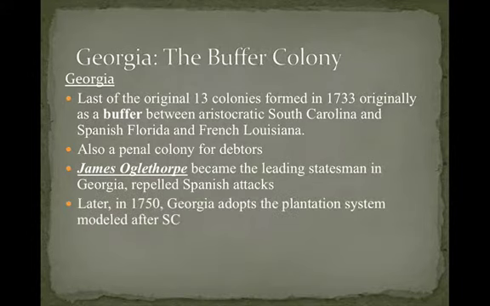Later in 1750, Georgia is going to adopt something called the plantation system, which is going to be modeled after South Carolina's plantation system.